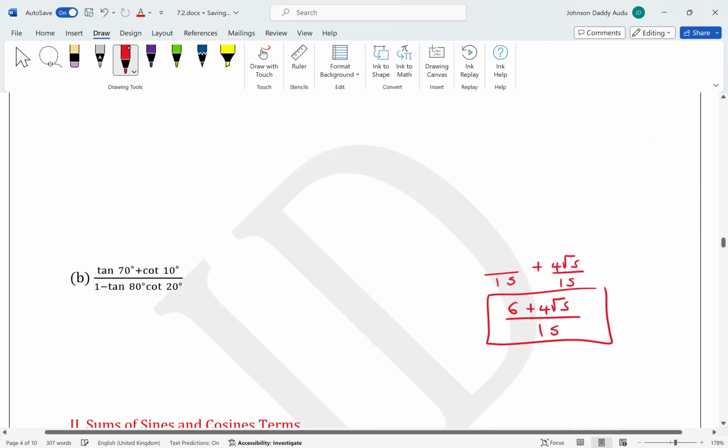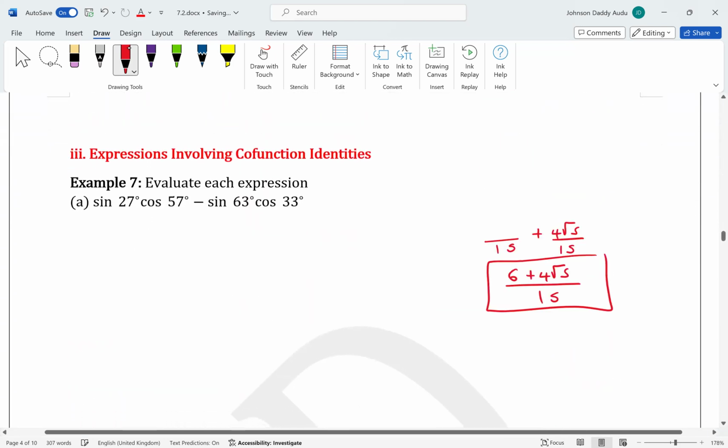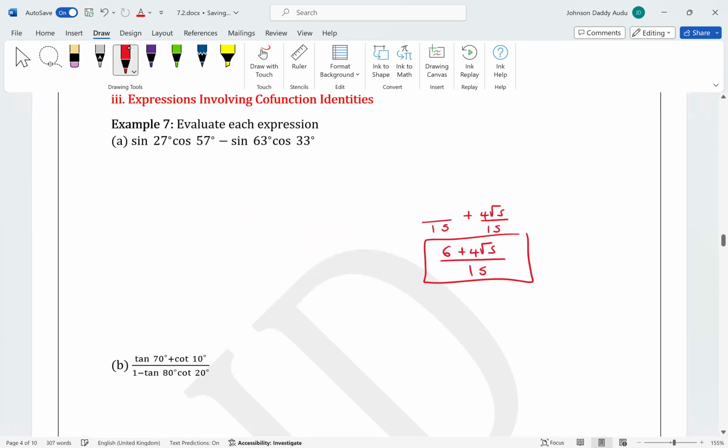The next we will see, okay, let's just combine these two as well. I think we can combine this in one. So example 7 is when you have an expression involving co-function identity.